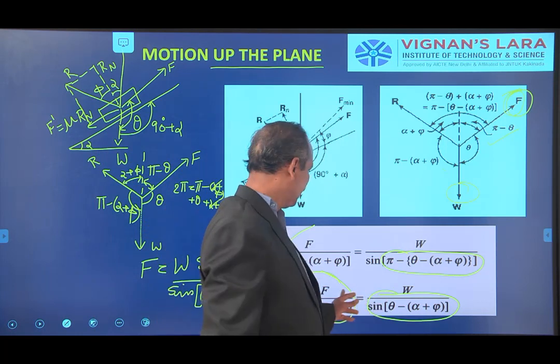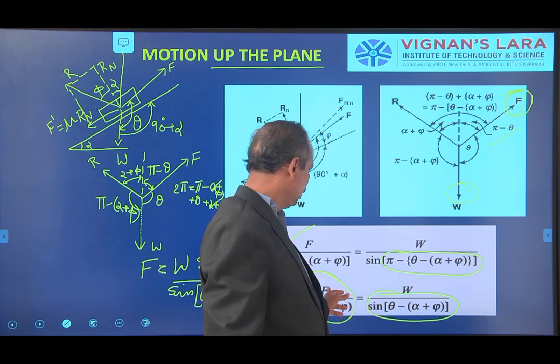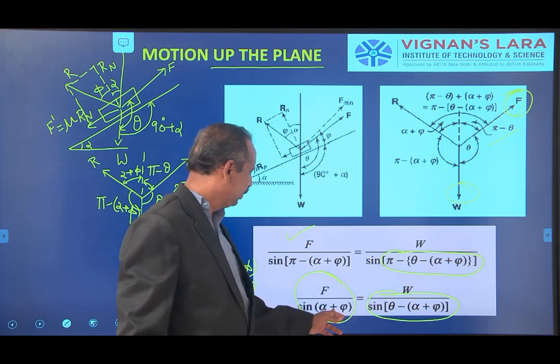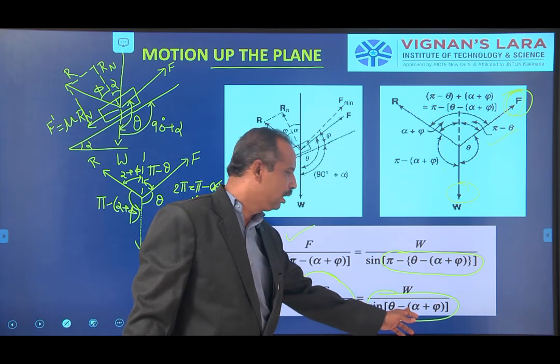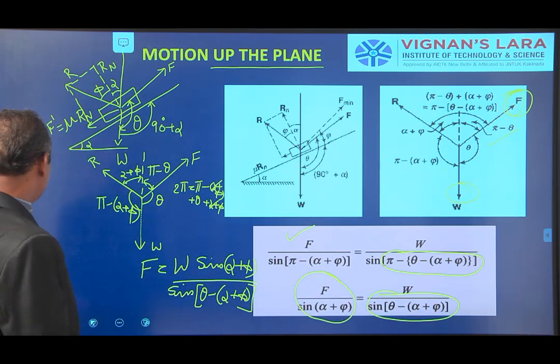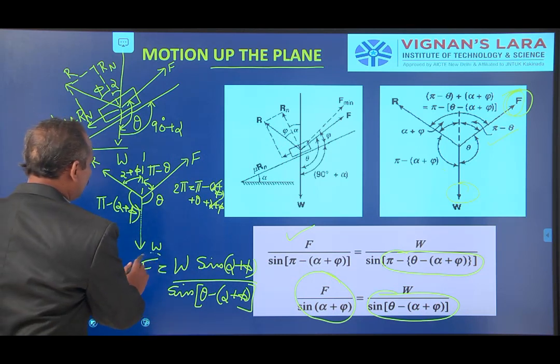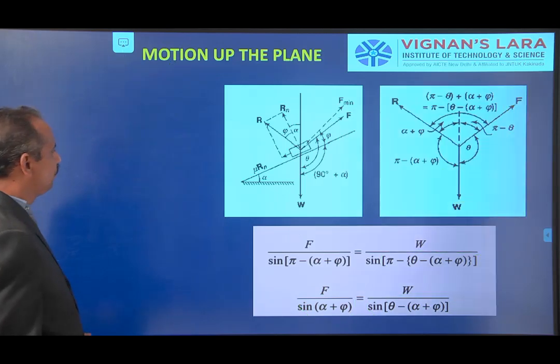I have just taken this term to that side, cross multiplying: F is equal to W sin(alpha plus phi) by sin(theta minus (alpha plus phi)). So this is the force required to raise the load.